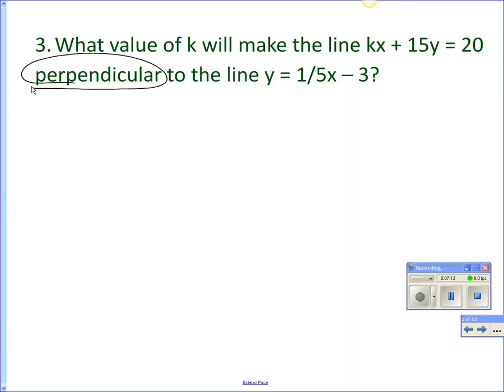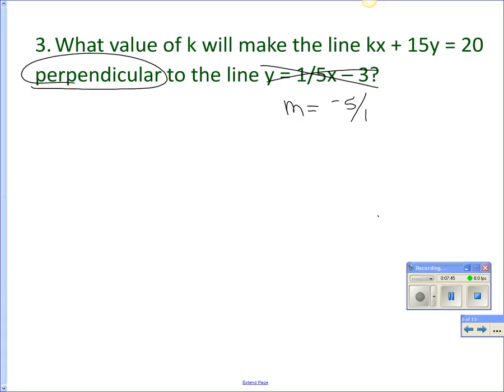Which one's the slope? 1/5. Julius, what do I have to do with 1/5? What does it become? Negative 5 over 1. So this is my m. That's what I'm looking for, negative 5 over 1.